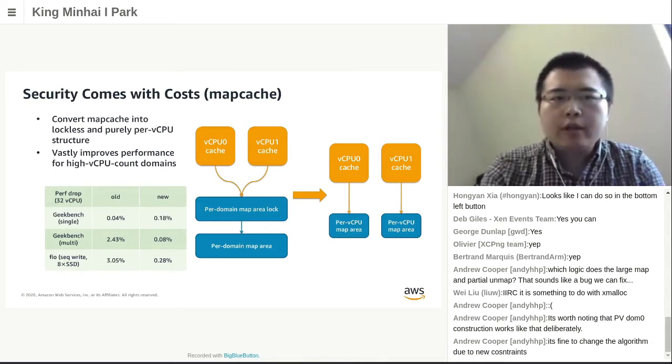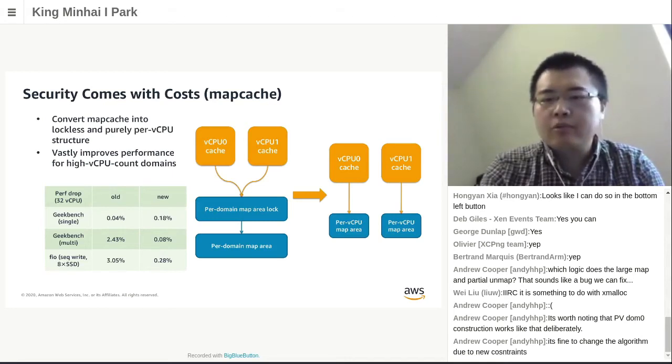Naturally, the idea is to rewrite the whole infrastructure into a purely per vCPU structure. So now I've basically rewritten the structure. Each vCPU has its own cache and its own map area. So there are no locks, and no vCPUs need to share any state.